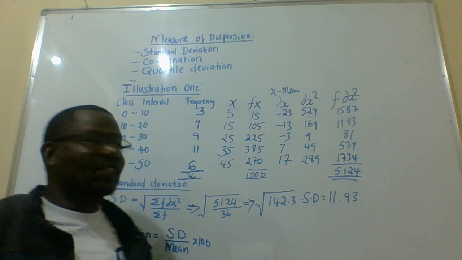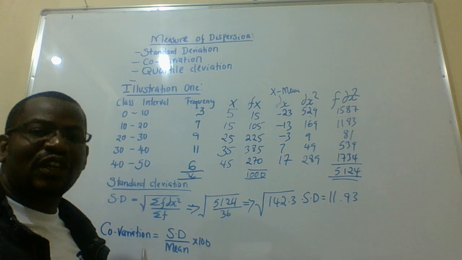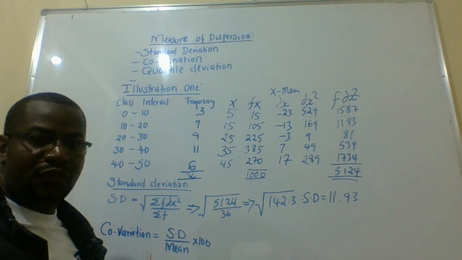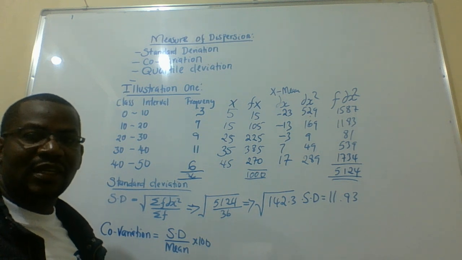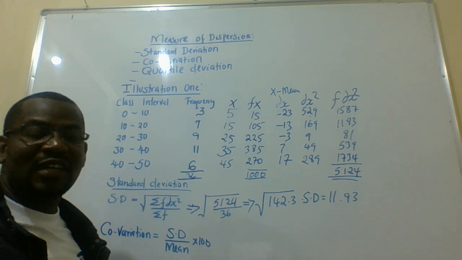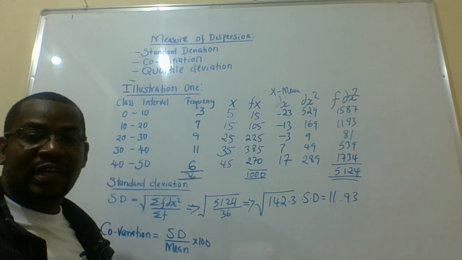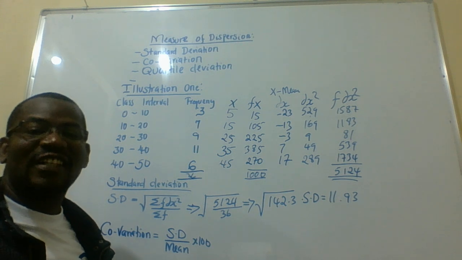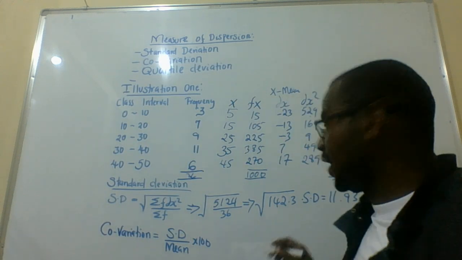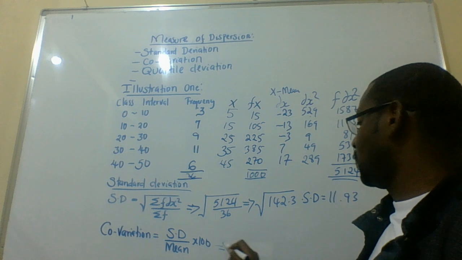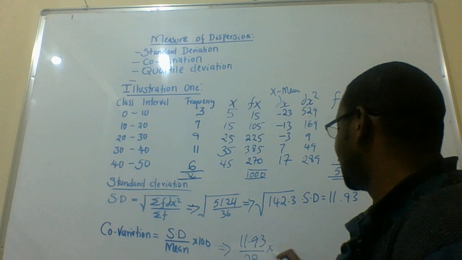Now we need to calculate the coefficient of variation, which is our SD divided by mean. Remember our mean, I rounded it up to 28. Therefore, it will be 11.93 divided by 28 times 100.